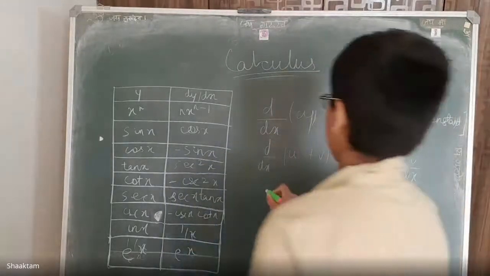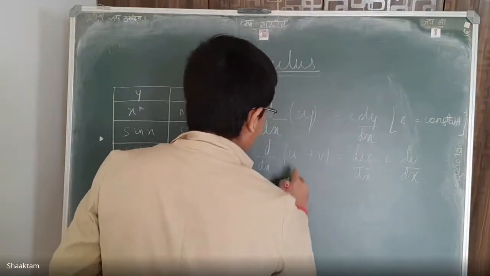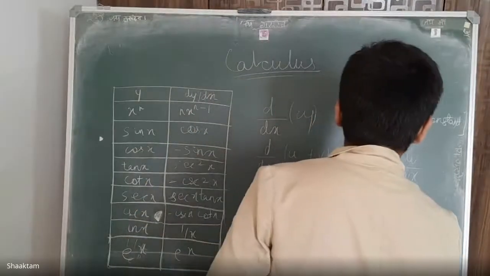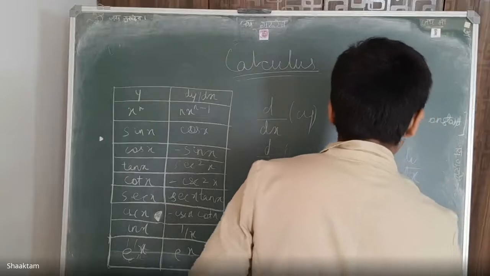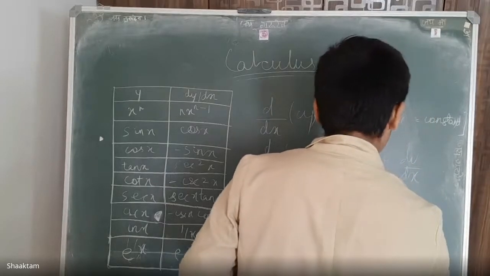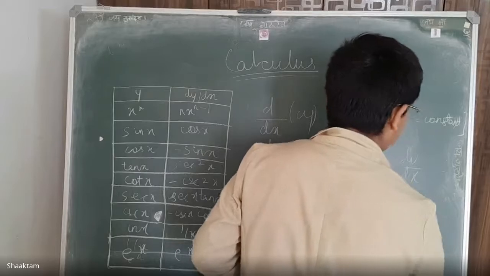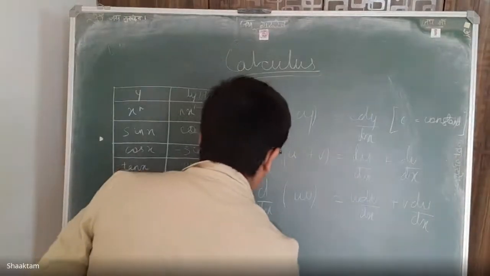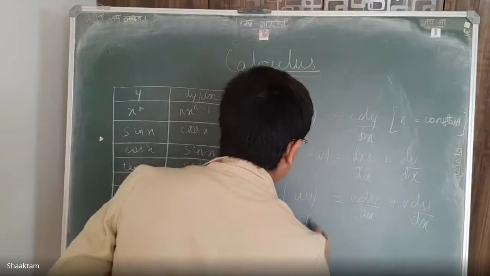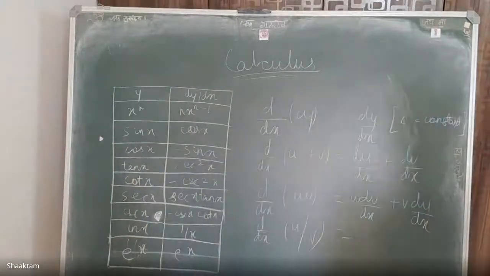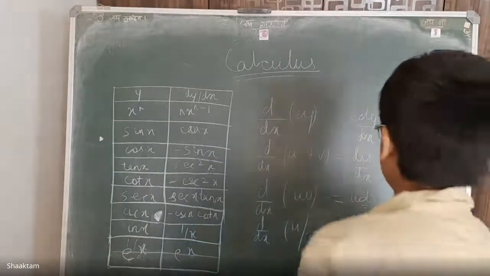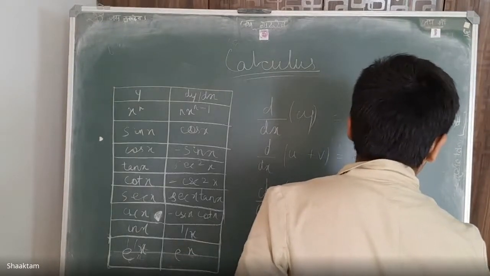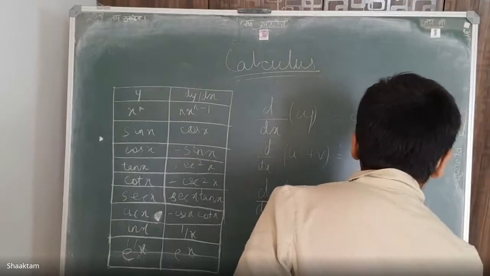Next, d by dx of u into v is u dv by dx plus v du by dx. Then we have d by dx of u divided by v, which is v du by dx minus u dv by dx whole upon v square.